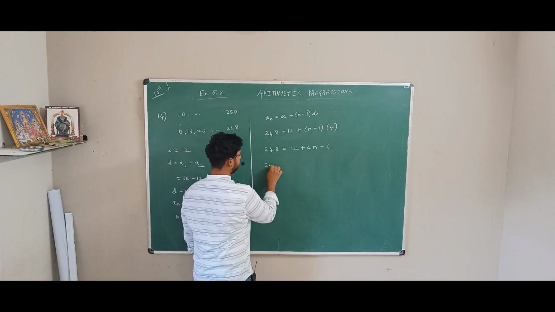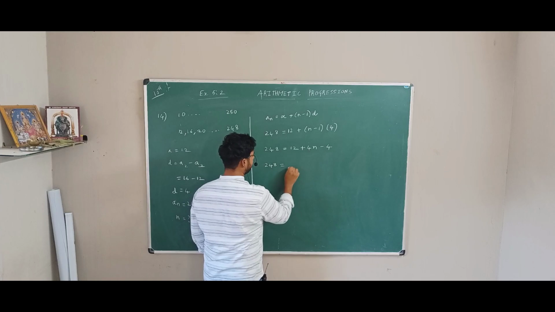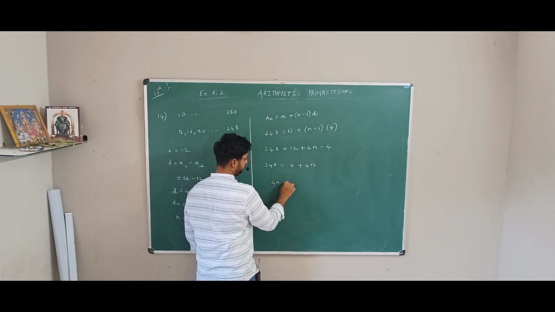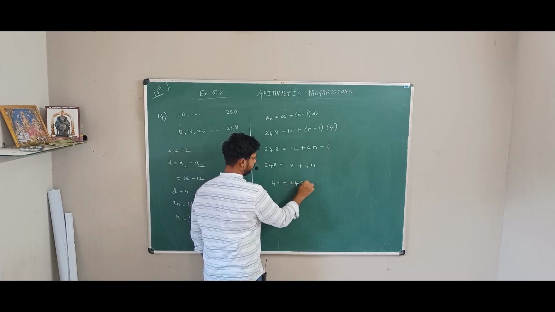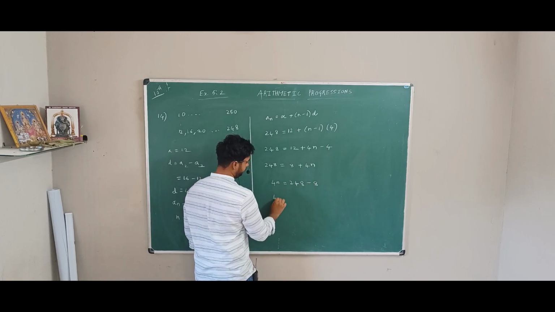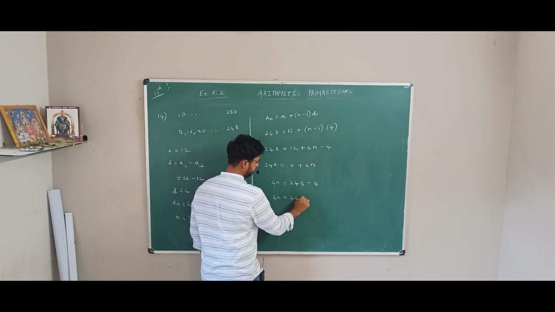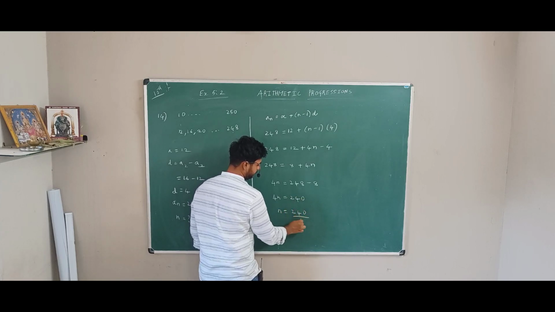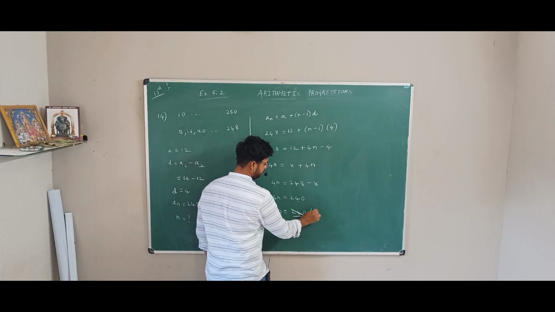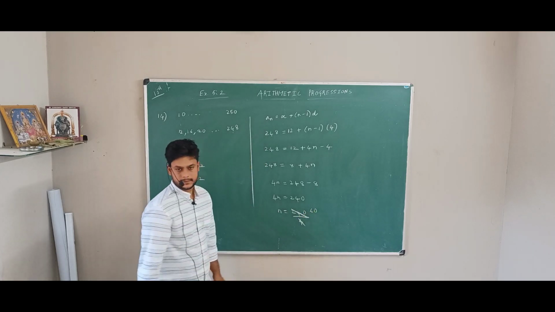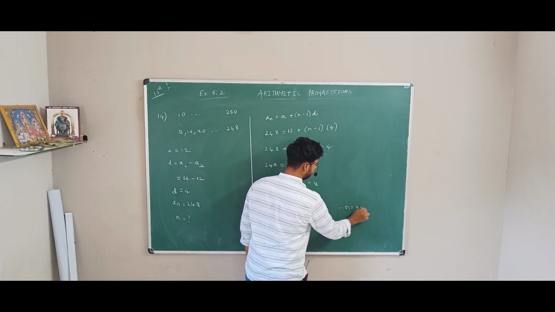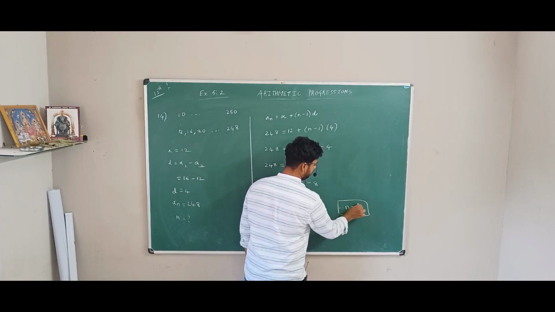Next, 248 is equal to 12 minus 4, 8, plus 4n. 4n is equal to 248 minus 8. 4n is equal to 240. n is equal to 240 by 4. Easy? n is equal to 60. Right.